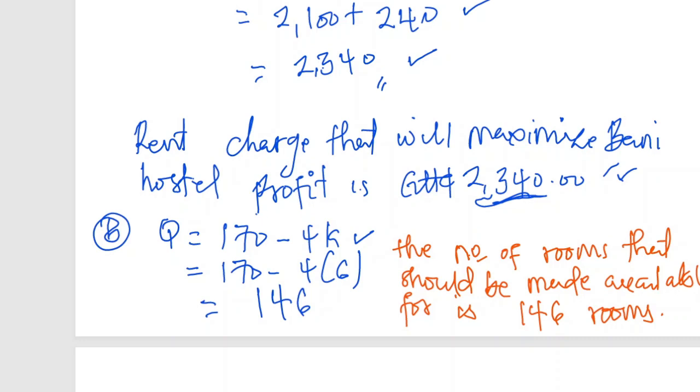So we have 170 minus 4 times 6, so 170 minus 24, which gives 146. So the number of rooms that should be made available in order to maximize your profit should be 146 rooms. If you want to know, you can fix this into your revenue function to know the revenue that Bani Hostels should make in order to maximize their profit. That's how you have to go about it.